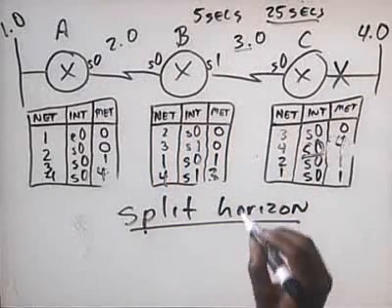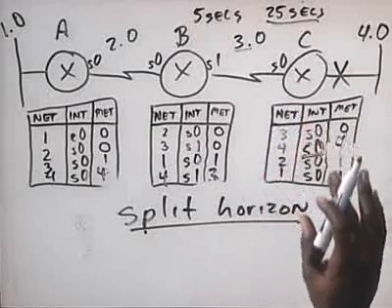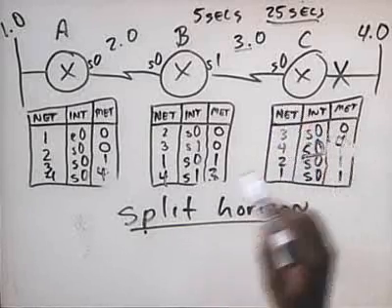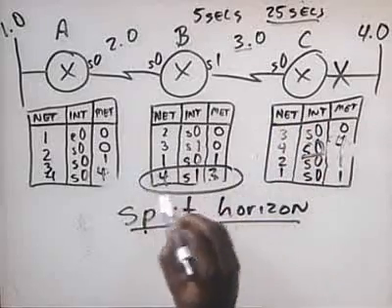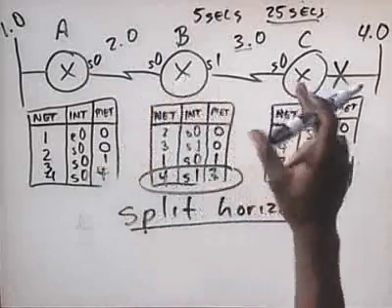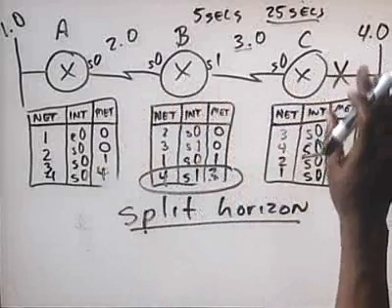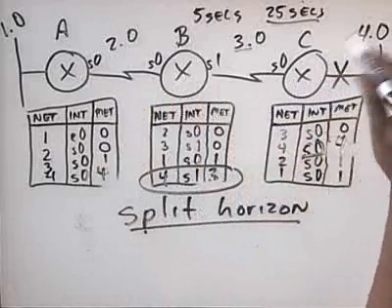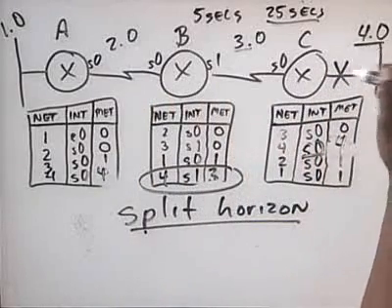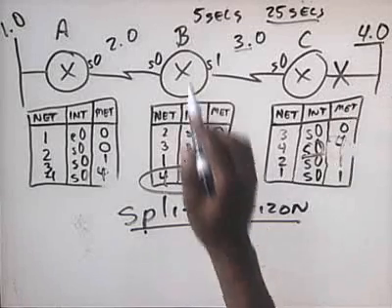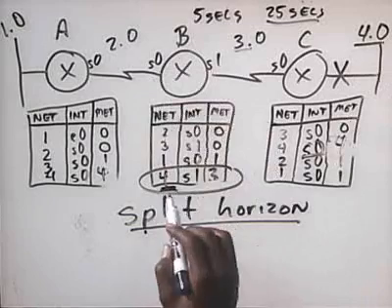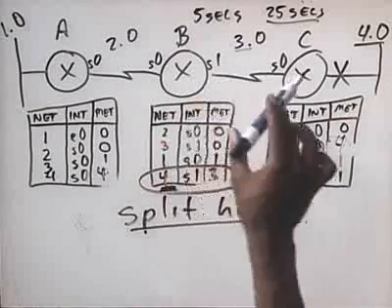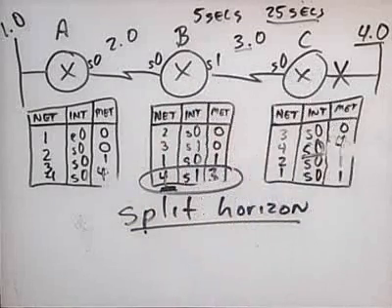Split horizon would address this counting to infinity issue by not allowing router B to send an update about network 4 back to the device where it originated. Originally, Charlie was the one that sent out an update about network 4. Split horizon does not allow information about network 4 to be sent back across that same interface.